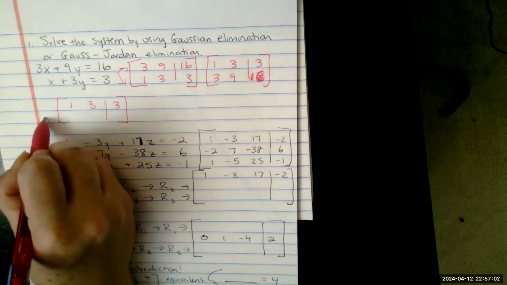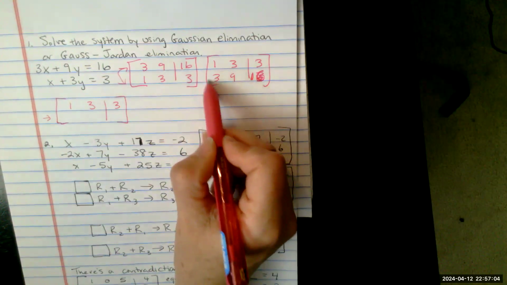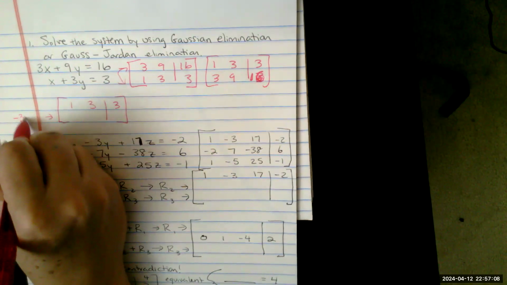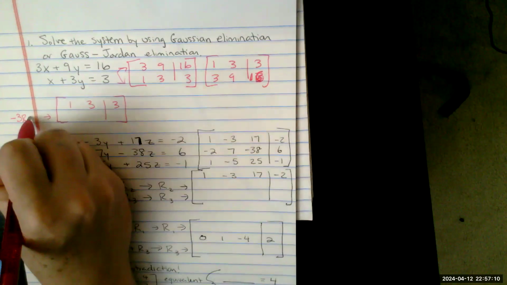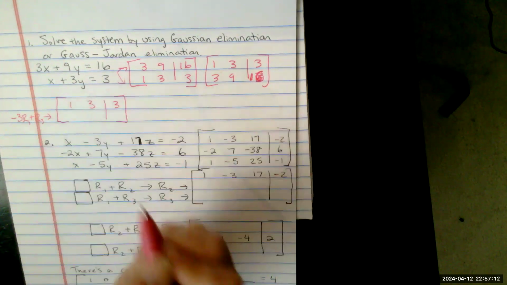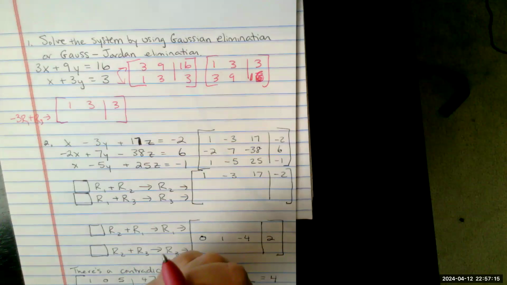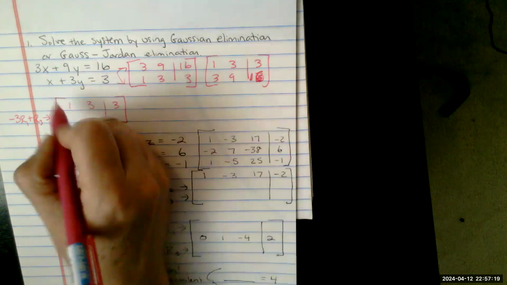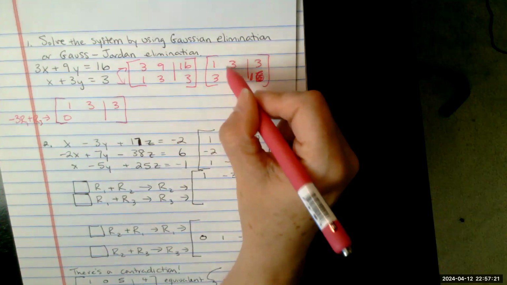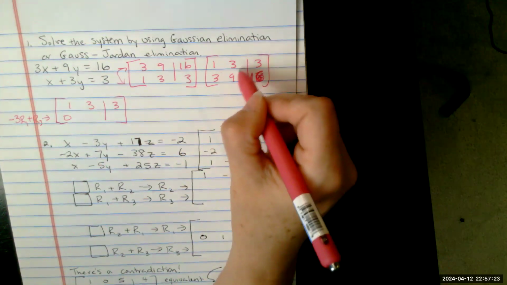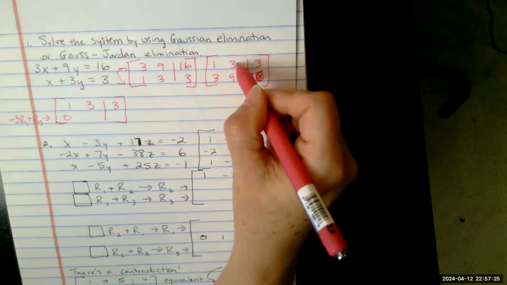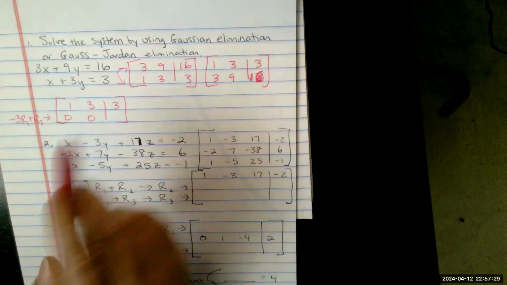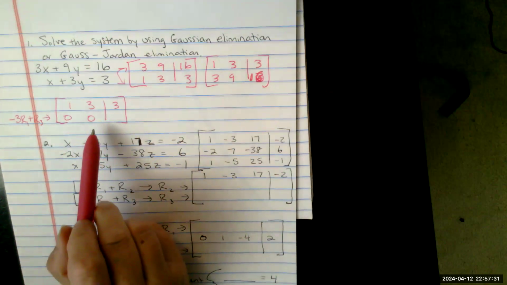But in order to make that a 0, when it's a 3 right now, I'm going to multiply the top R1 by negative 3 and add it to R3. So this times negative 1 plus this would be 0. This times negative 3 would be negative 9. Negative 9 plus 9 is also 0. I was not trying to make that happen, but it happened.